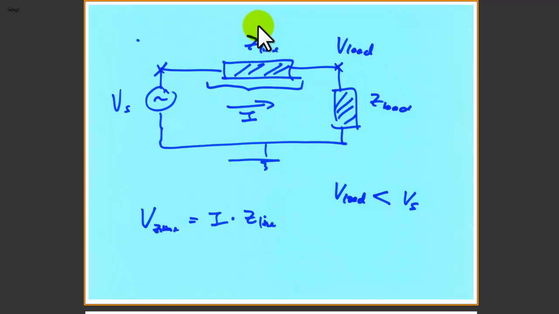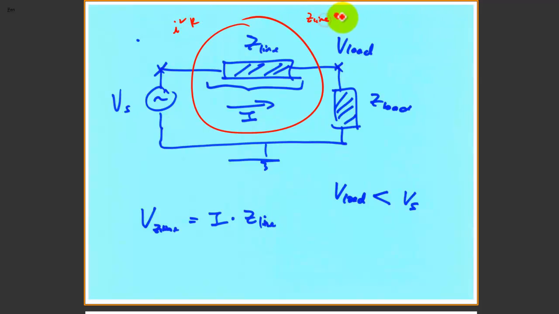As you recall, the power loss is the loss on the line, which is I squared R. The R here is the real part of Z line. For consistency, I'm just going to use R plus jX, and that's the part we will be using a lot for the power loss. So P loss equals I squared R.